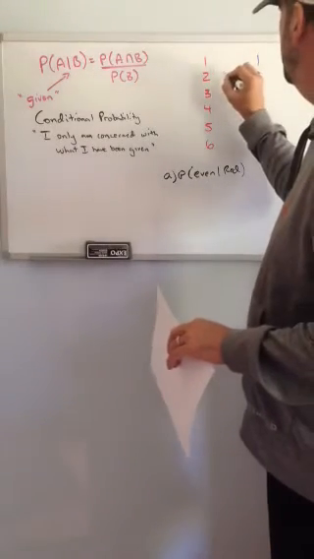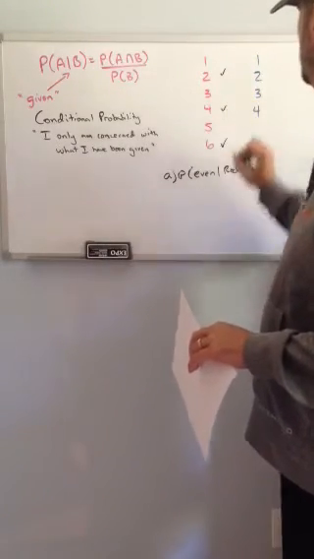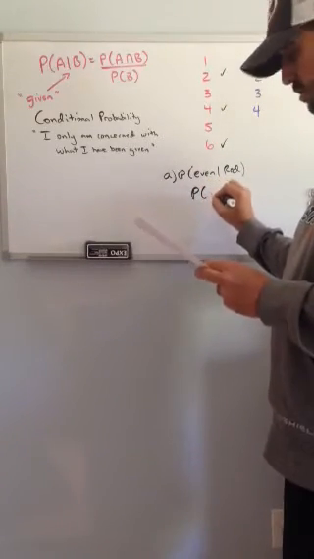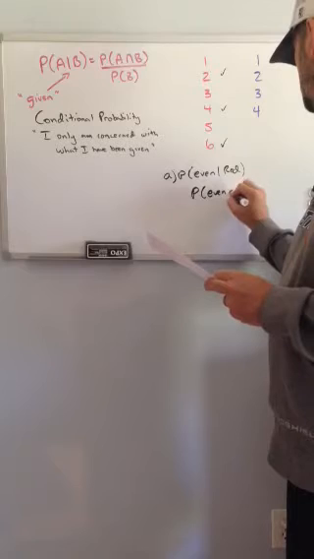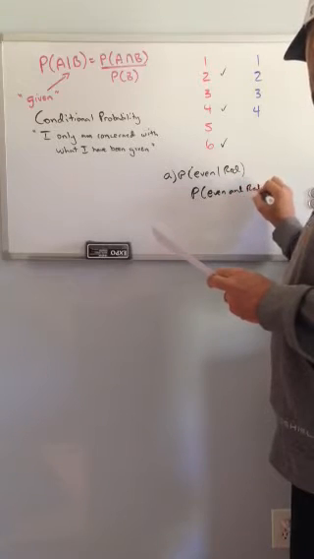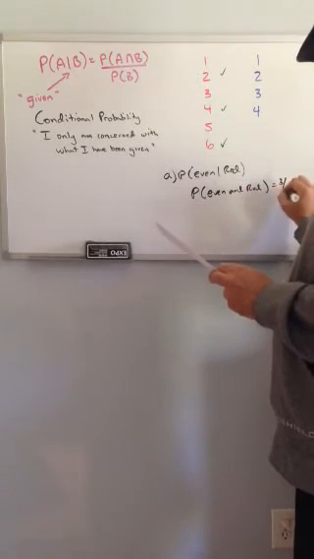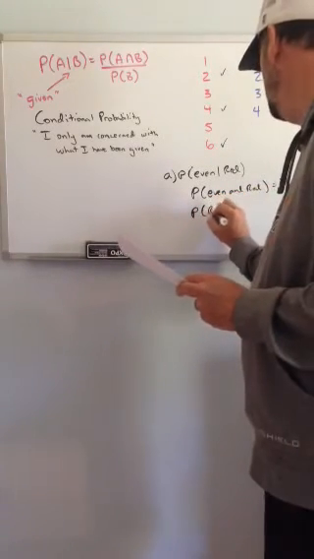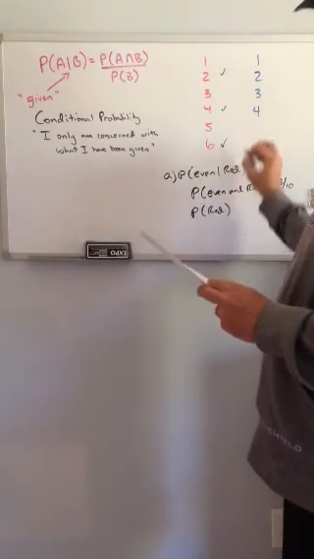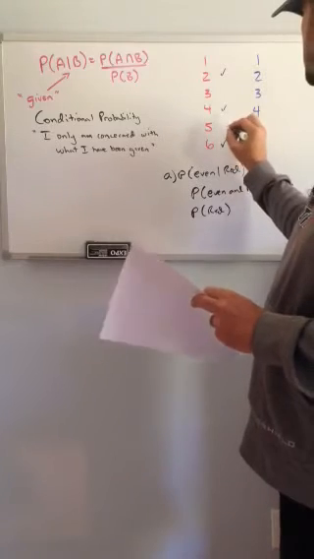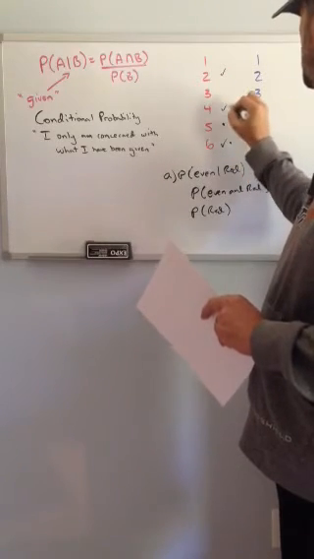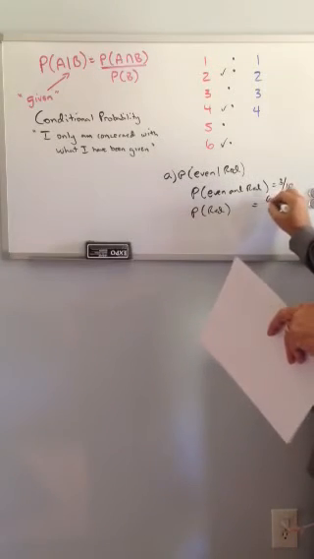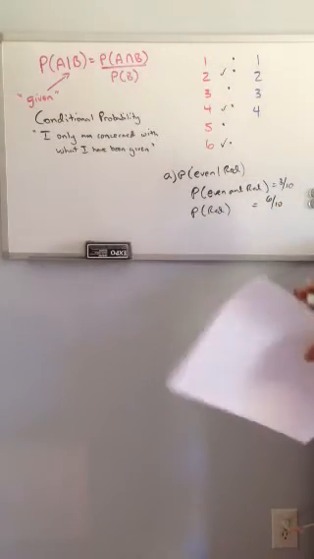That's those 3 out of our 10. So probability of even and red is 3 out of 10. Probability of it being red is 6 out of 10: 6 red, 10 total with 4 blue.